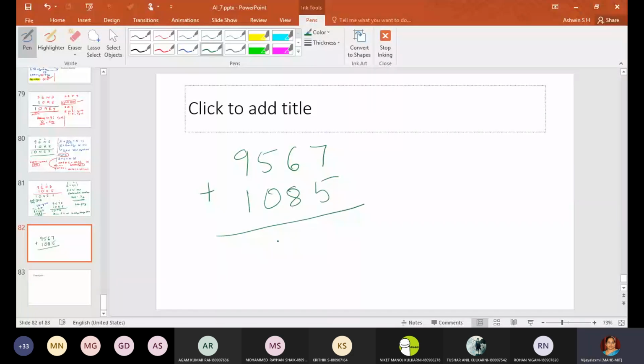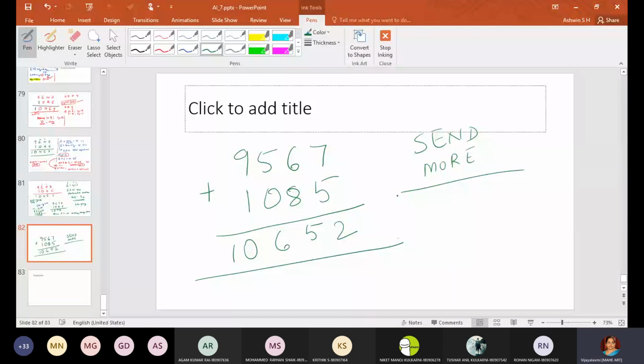So this will be equal to 1, 0, 6, 5, 2. Whatever the crypto arithmetic we have given, it has satisfied now.